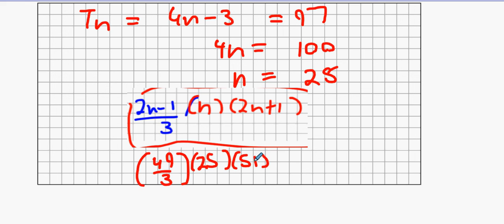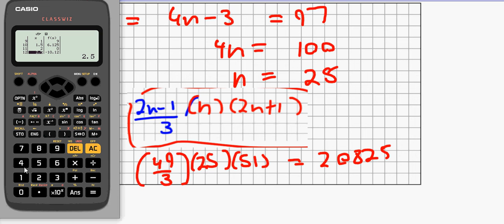You're going to multiply this out, and you should get 20,825. We'll obviously check that out. 49 over 3 multiply by 25 multiply by 51. There you go, 20,825, as predicted. Alright, I'm going to save this one because I'd be ashamed if I lost it.